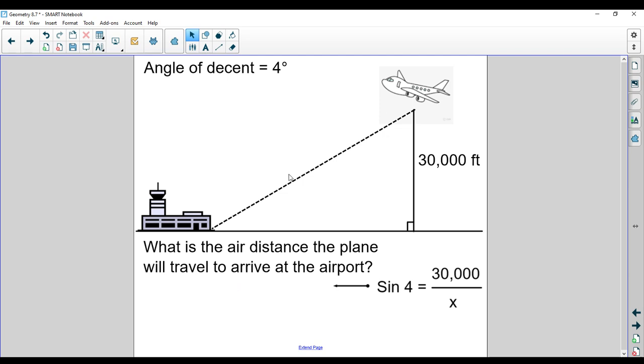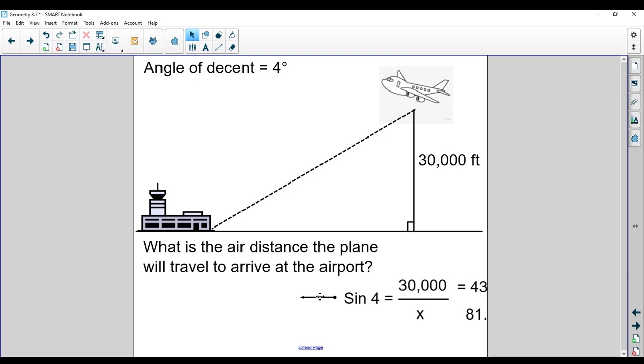So that's the hypotenuse. And given the fact that it is an angle of descent of 4 degrees, same elevation, so it's still 30,000 feet in the air, we're going to do the sine ratio this time of 4 degrees, and then opposite and hypotenuse, we're solving for that. So using the proportion, I'm just going to switch the x and the sine of 4, and I'm going to divide 30,000 by the sine of 4 degrees.